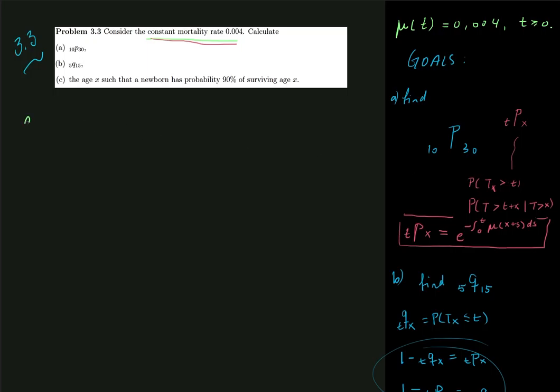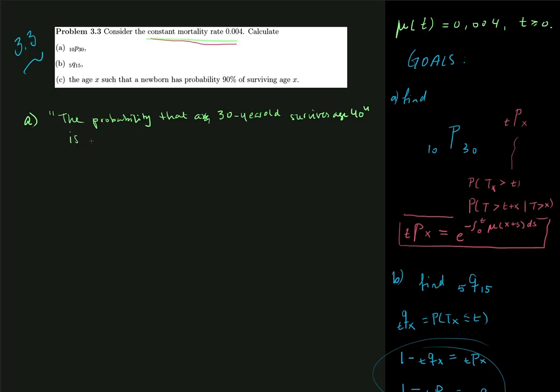So what we have here, first in A, is we want to find the probability that an X-year-old, and here the X is that a 30-year-old survives to age 40. So the 10 comes in the sense that we want to look at the probability that a 30-year-old survives the next 10 years.